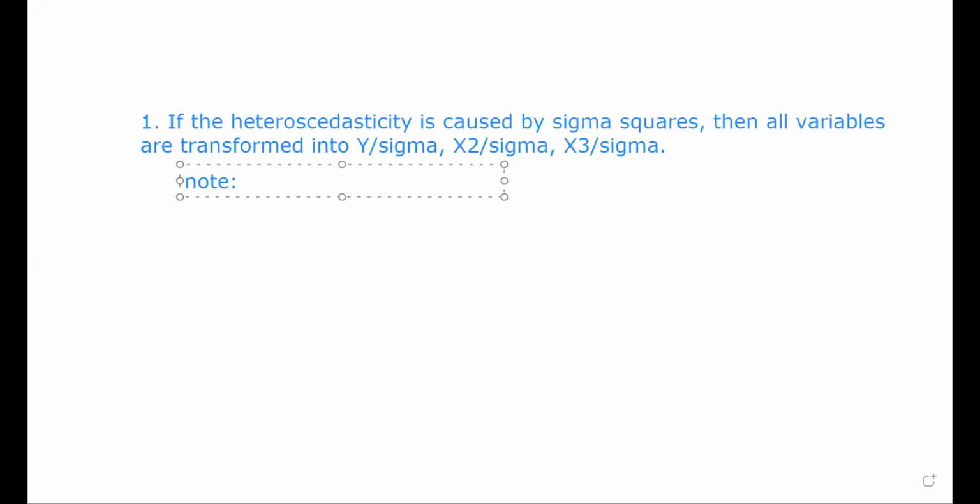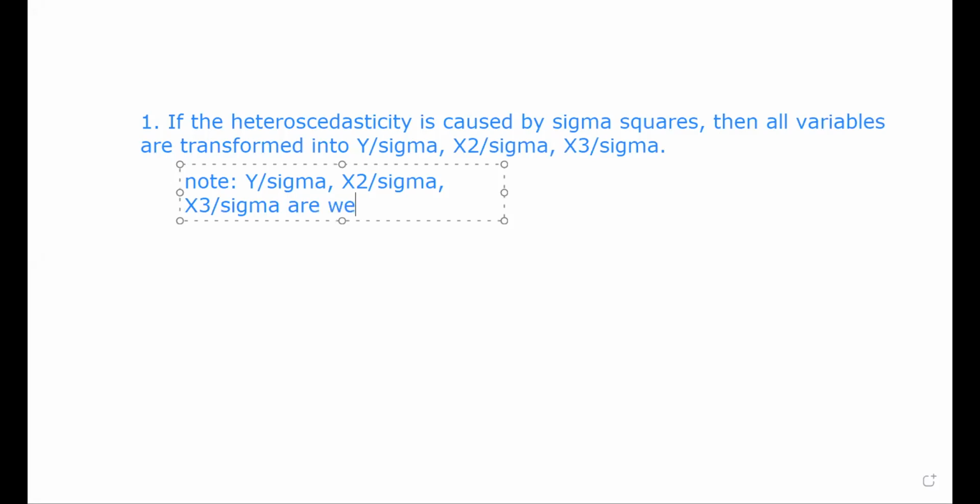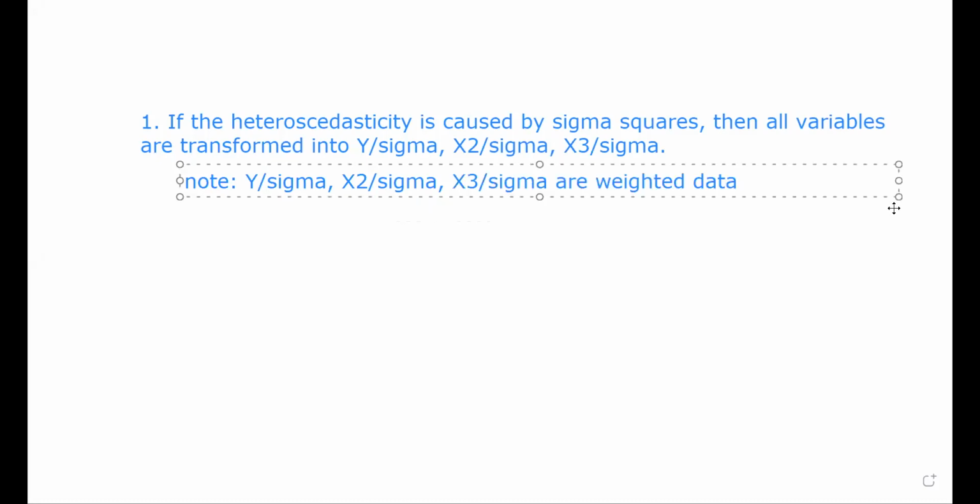Y over sigma, x2 over sigma and x3 over sigma are weighted. So why do we call it weighted least square?